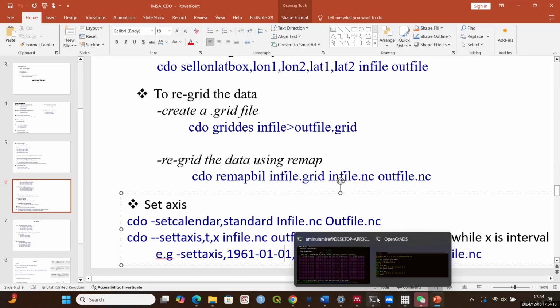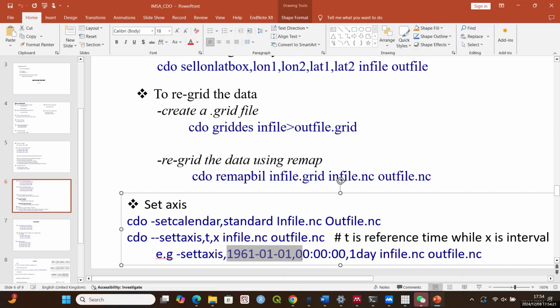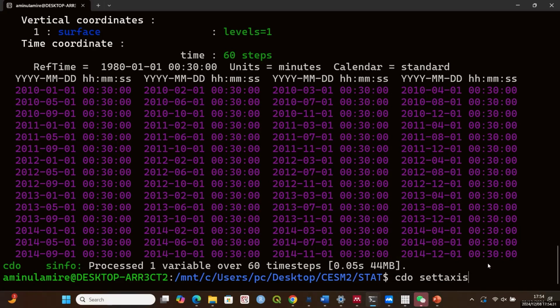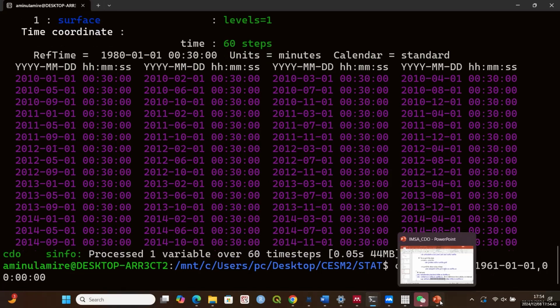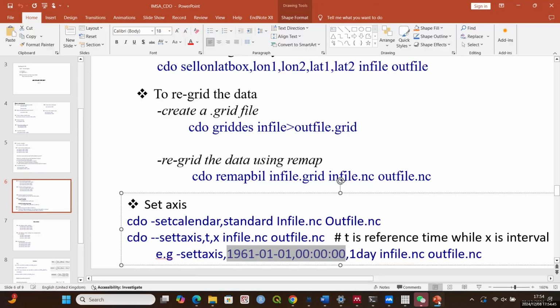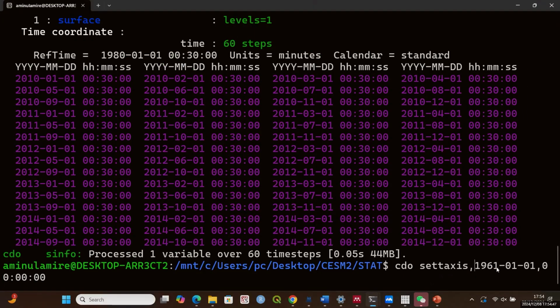So we just write like this one. We can put it here. There is a comma, no space. Okay, so it is monthly. So we assume that it started from 2025. We can put it 2025. Okay.